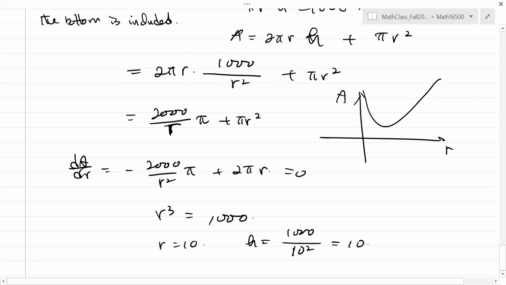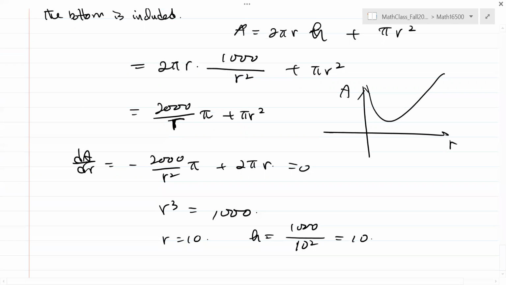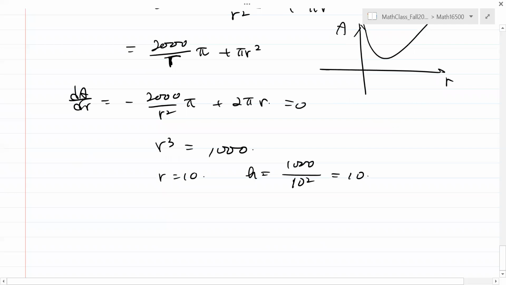So imagine you have to build a cylinder, like a plastic container, without a cover. What kind of dimension can you choose? It depends on how much volume you want to hold.